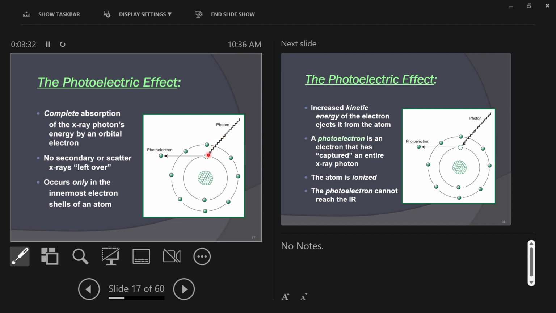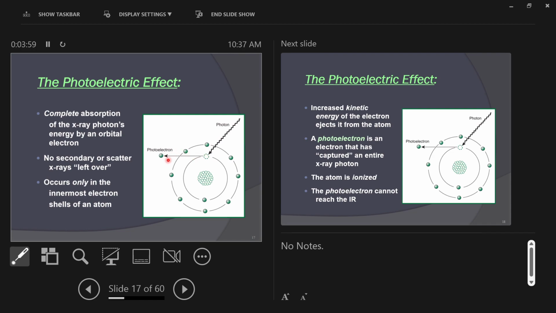This effect was discovered in 1905, and this is what Einstein won his Nobel Prize for. He discovered the photoelectric effect, the fact that light can eject electrons from atoms, right? The exact opposite of what we've already learned, that electrons can emit a photon. In this case, a photon is absorbed into an electron.